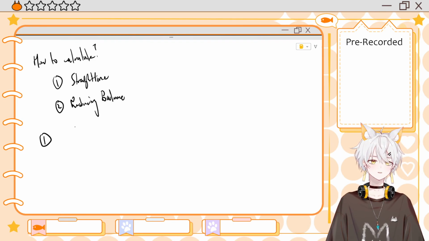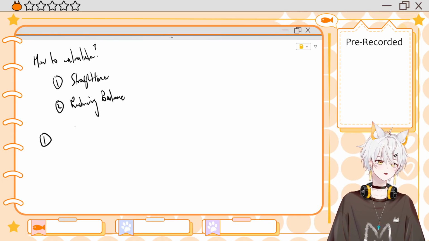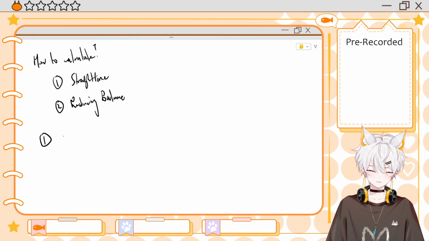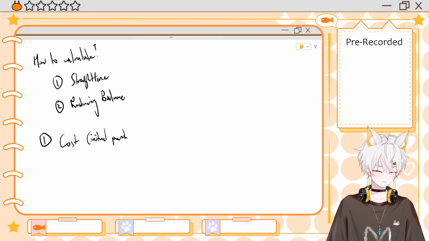Okay, firstly, some information that you actually need to acquire before you start calculating, right? The first one is cost, right? How much did you actually buy it for initially? So initial purchase price, right? Okay.